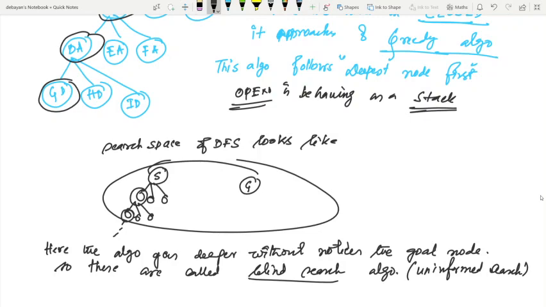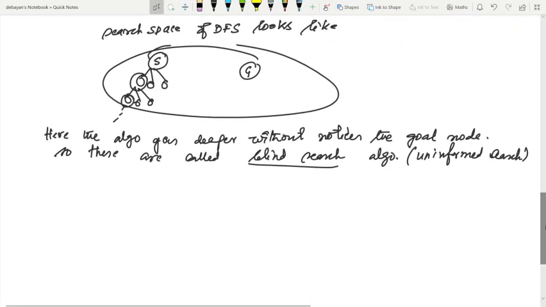If the search space is infinite, it may be possible that your DFS will not reach the goal node. That means it goes deeper and deeper and deeper.